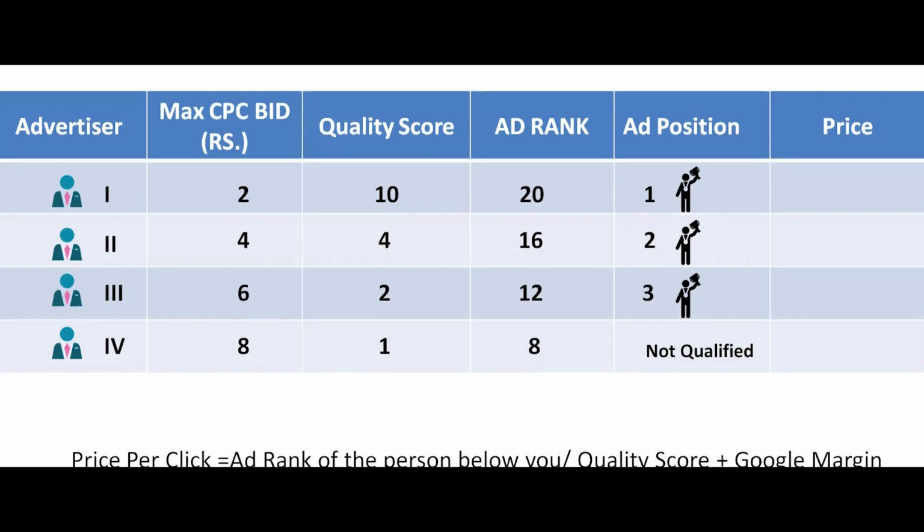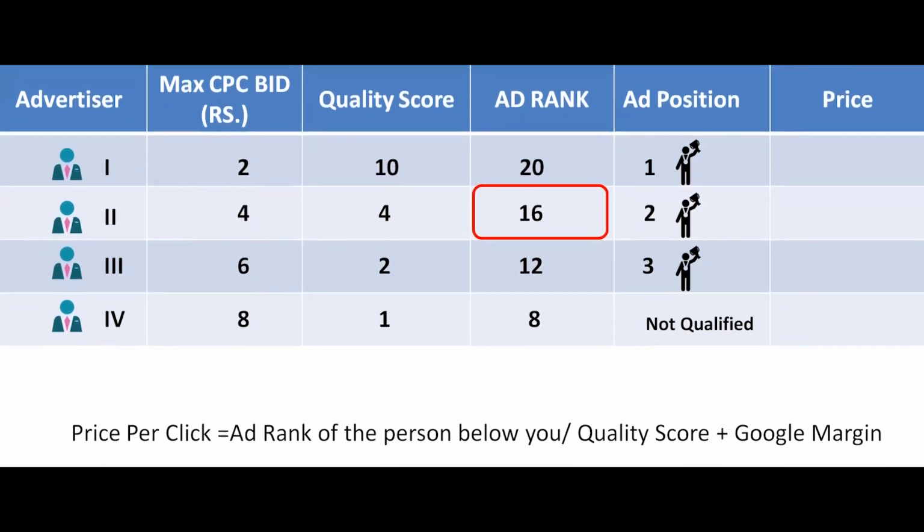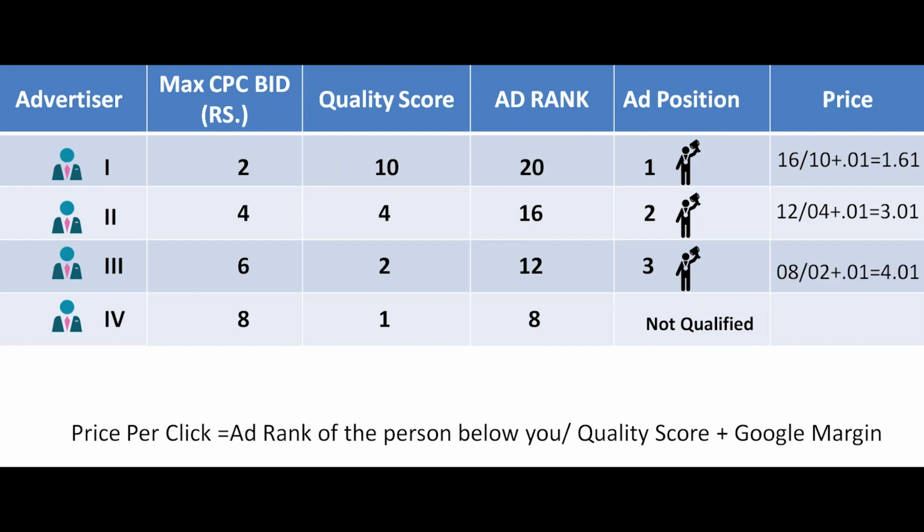The formula to calculate the price per click is very simple: the ad rank of the person below you divided by your quality score, plus some margin of Google. By applying this formula, the first advertiser will pay 1.61, the second advertiser will pay 3.01 and the third advertiser will pay 4.01 rupees.